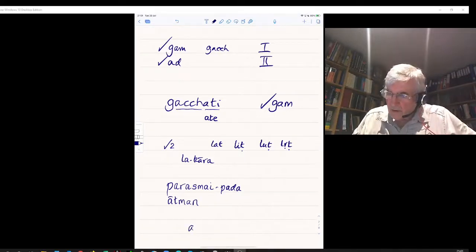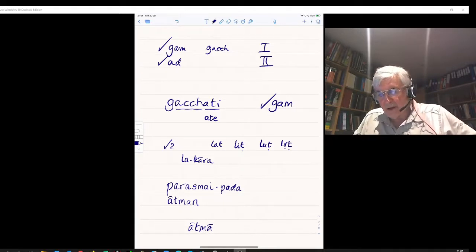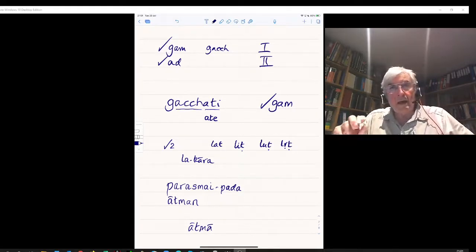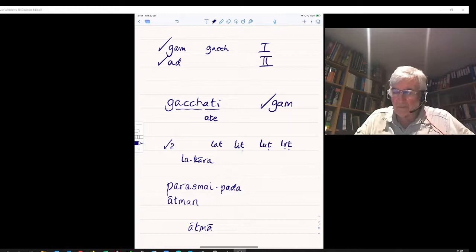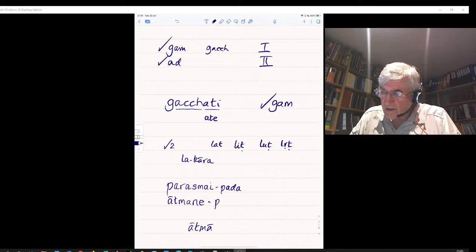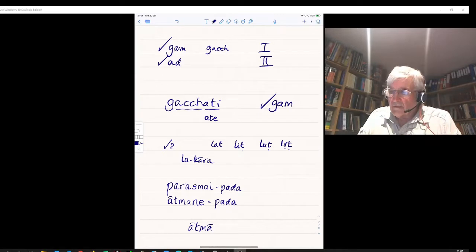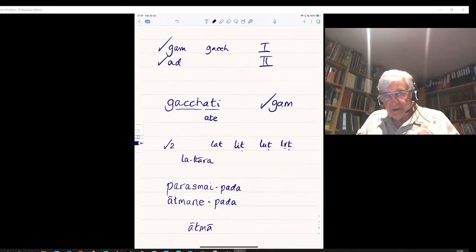In the nominative singular, it becomes atma, but it's the stem ending in n. Atman is the stem. And the dative, which is the standard normal ending for the consonantal stem in the masculine and neuter singular, is atmane. So atmane means to or for oneself. So the atmanepada means the word for oneself. Parasmaipada, active, atmanepada, middle. We'll use the Sanskrit terms.